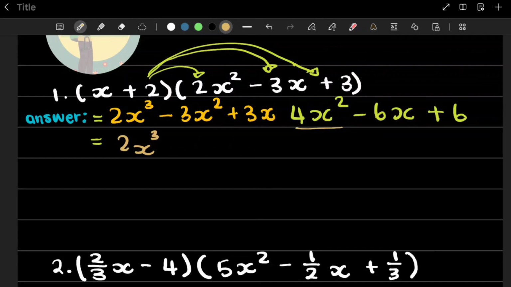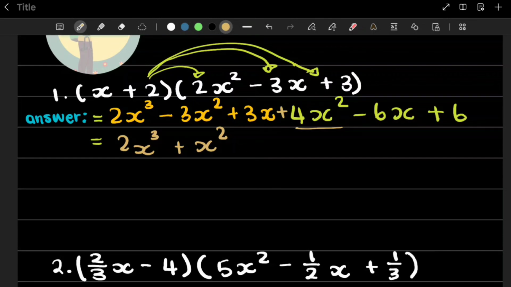I'm sorry. So it's positive 4x to the power of 2. So negative 3x squared plus positive 4x squared will give us 1x squared. You don't need to write the 1, but there's nothing wrong with writing the 1. I always write the 1.